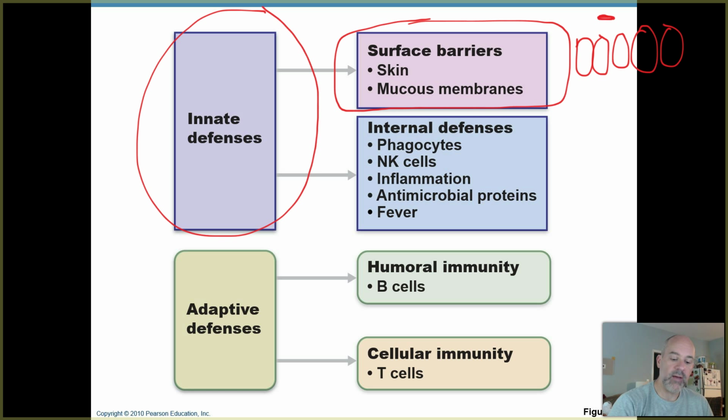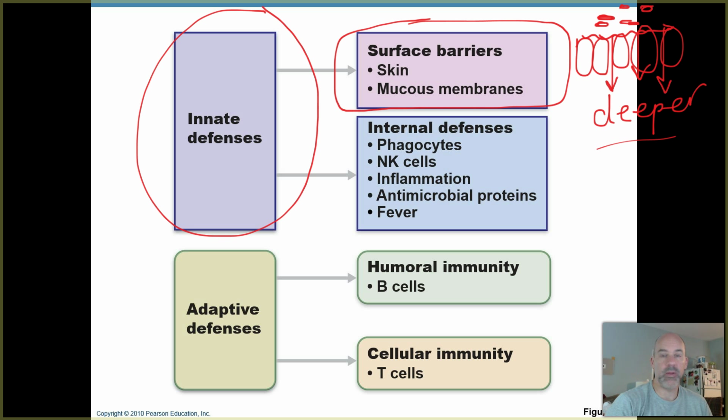And so if you have bacteria or other types of microbes on the apical surface, that's the side that's exposed to the outside of the body or to an open compartment, if you have microorganisms along that surface, it's difficult for them to penetrate that surface and get down in here into deeper tissues. So, and that's true of your skin and your mucous membranes, so they provide surface barrier protection.